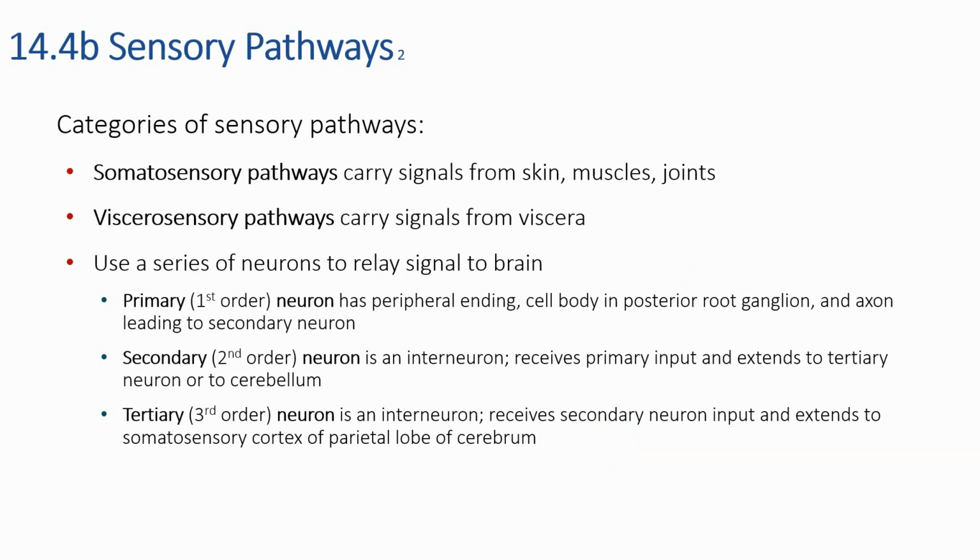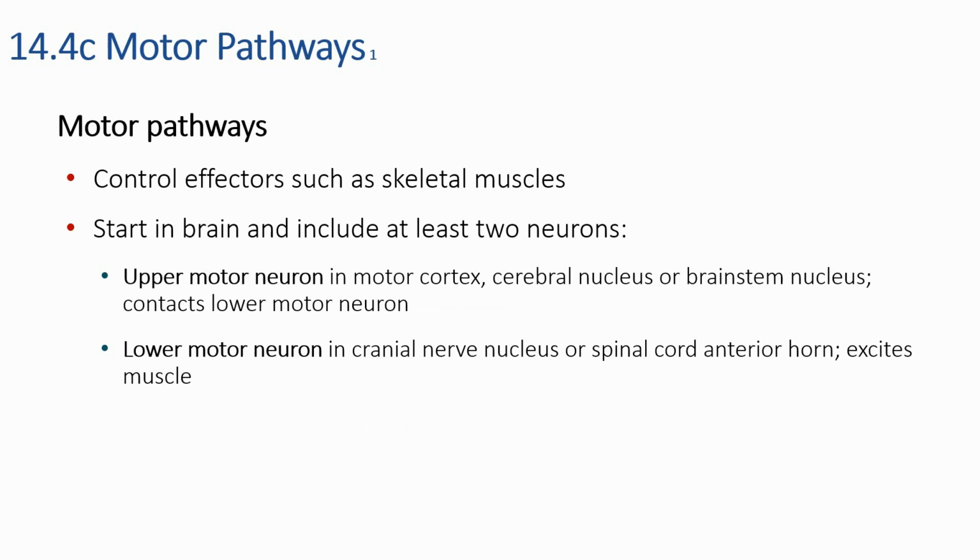We have a primary or first order neuron, a second order neuron, and a third order neuron. Motor pathways, on the other hand, use a chain of 2 neurons. We have an upper motor neuron and a lower motor neuron. The upper motor neuron is going to go from the primary motor cortex to the anterior horn of the spinal cord, and the lower motor neuron is going to go from the anterior horn out to a neuromuscular junction.